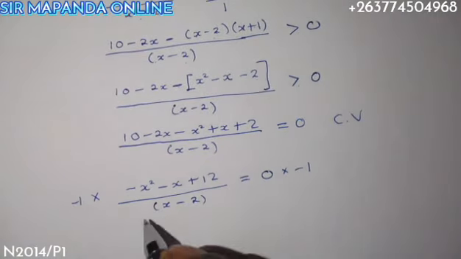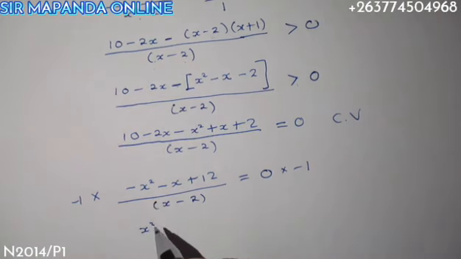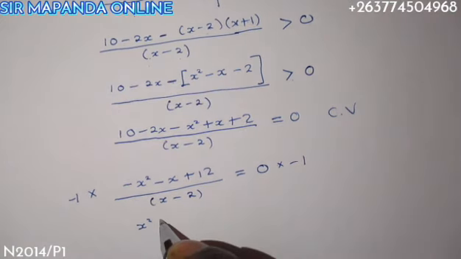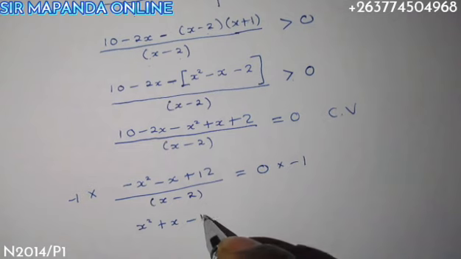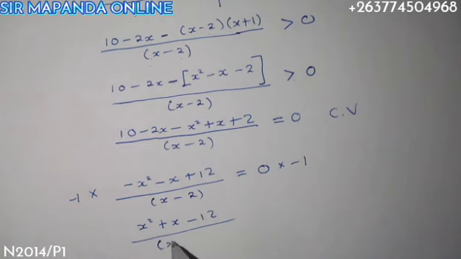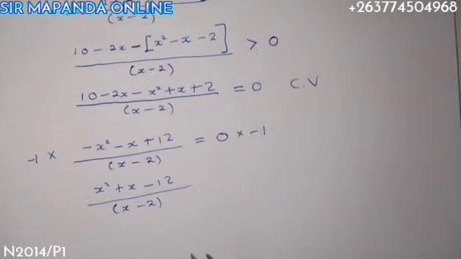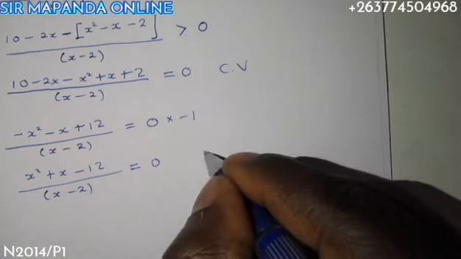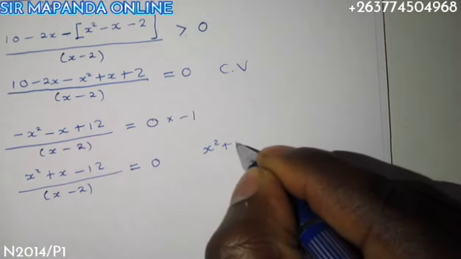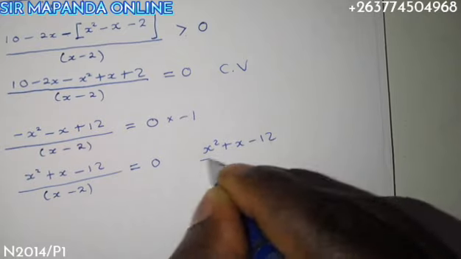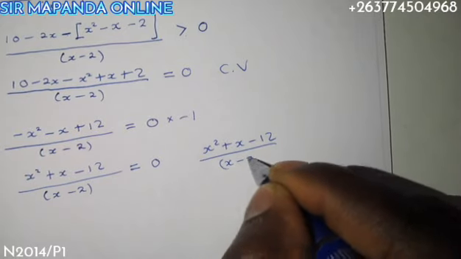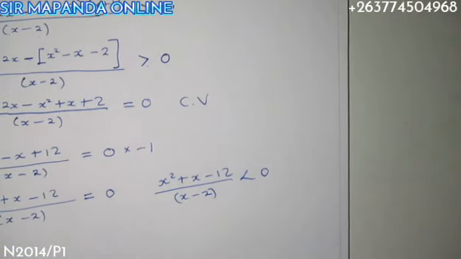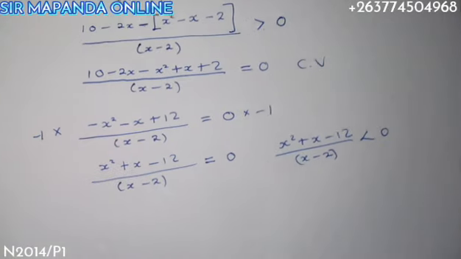So you now have x squared, since this -1 multiplies the numerator alone, so it gives you x squared plus x minus 12 over x minus 2. Then 0 times -1, you get 0. But what I'm trying to say is the fact that you have multiplied by -1 both sides, the inequality which was greater, it becomes lesser. It changes direction. I hope you are following class.